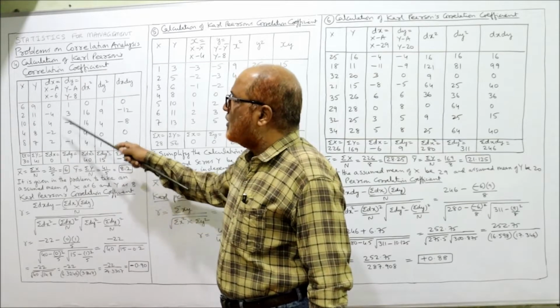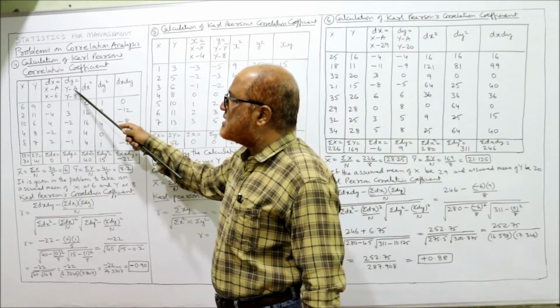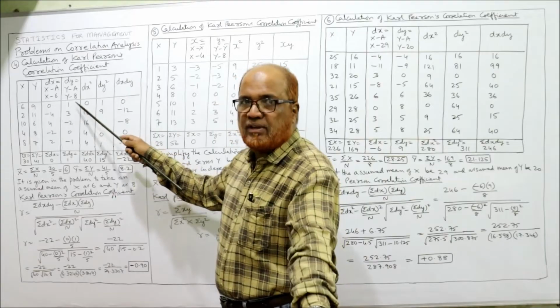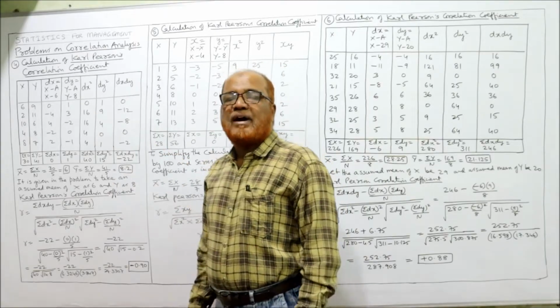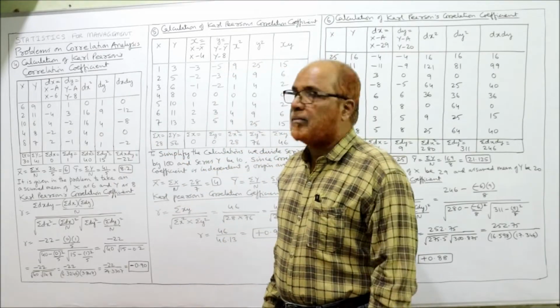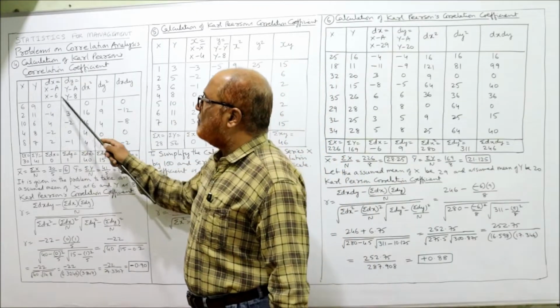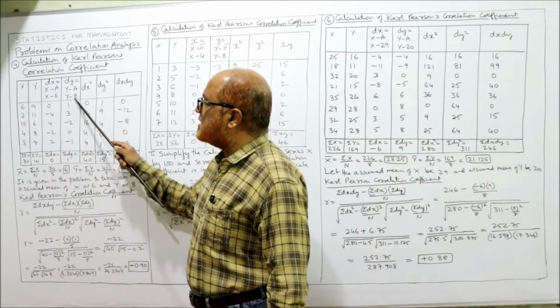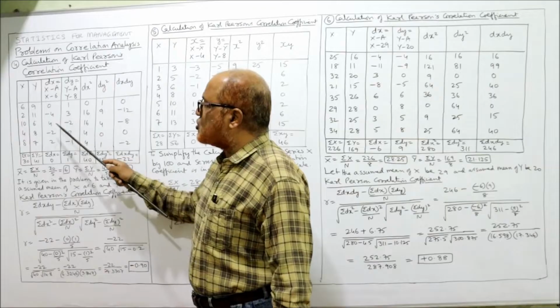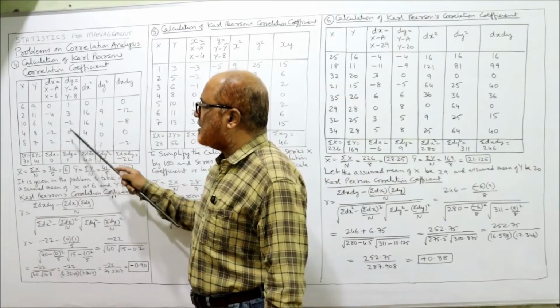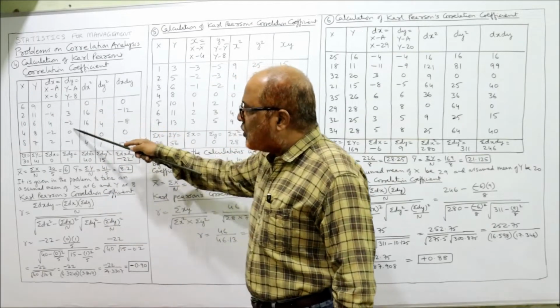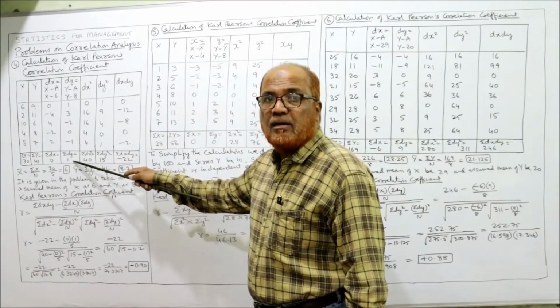Now dy is equal to y minus a. A is 8, given in the problem. So y minus 8: 9 minus 8, 1. 11 minus 8, 3. 6 minus 8, minus 2. 8 minus 8, 0. 7 minus 8, minus 1. If you take the total of dy, you are getting plus 1.